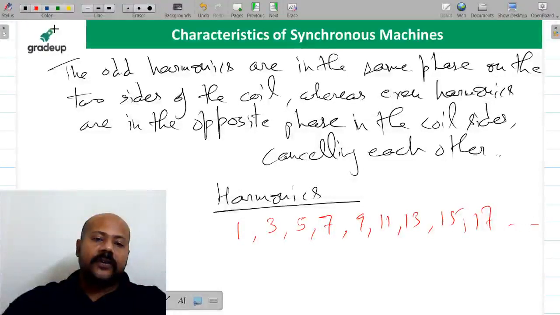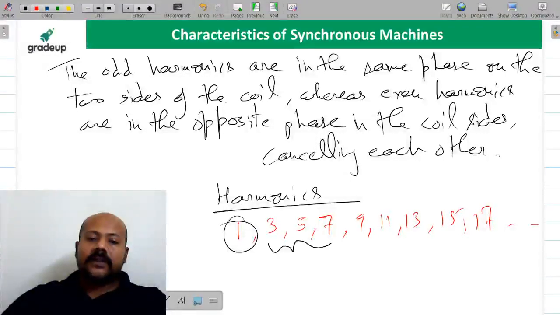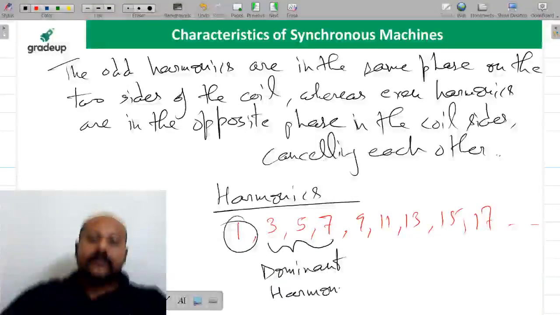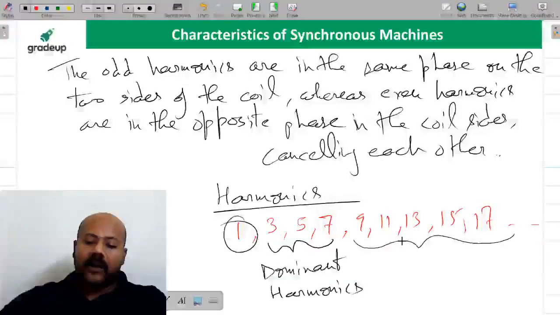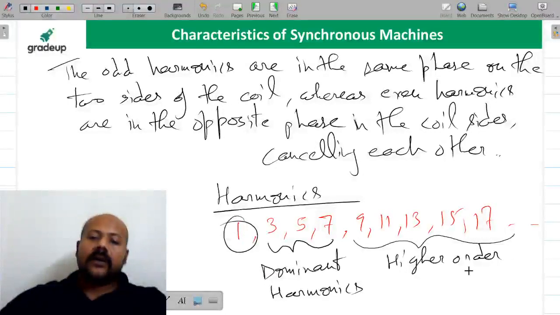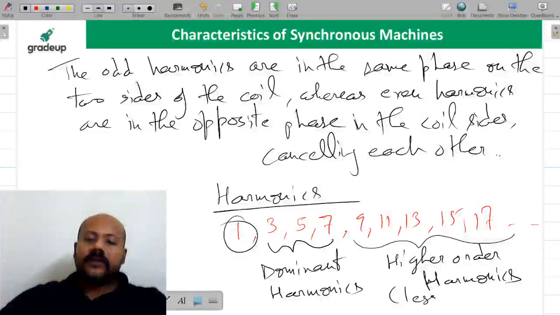Now please try to understand, the 3rd, 5th and 7th harmonics we call the dominant harmonics. And the remaining harmonics we call higher order harmonics. These are less dominant.